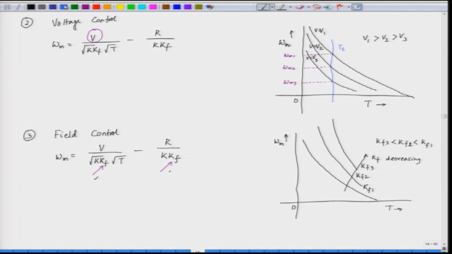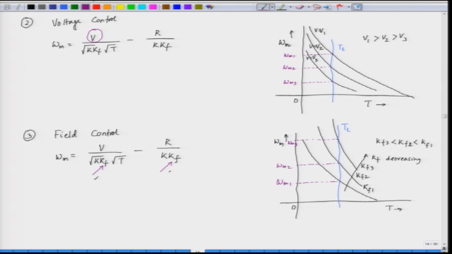Now, if we have a constant load torque, the intersection of the load torque profile with the motor torque speed characteristic decides the operating point. For the first characteristic, the speed is omega m 1. For the second characteristic of the motor, the speed is omega m 2, and for the third one the speed is omega m 3.